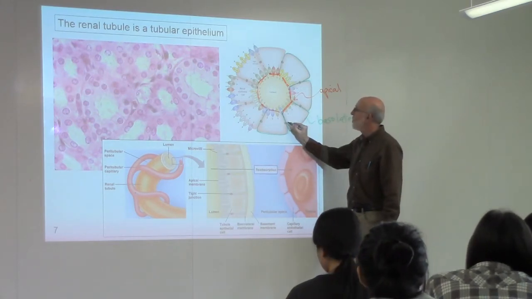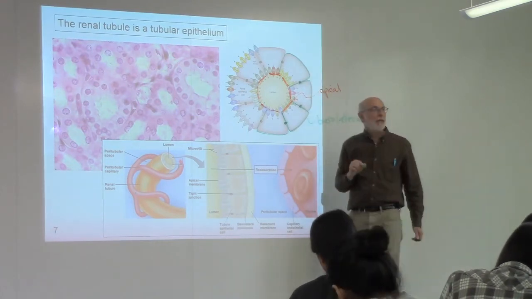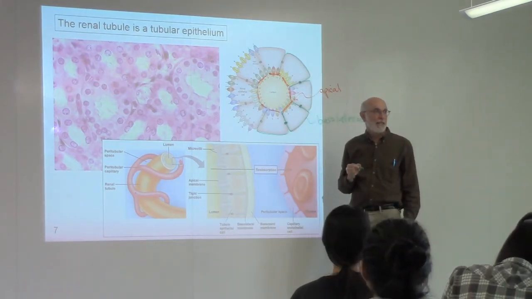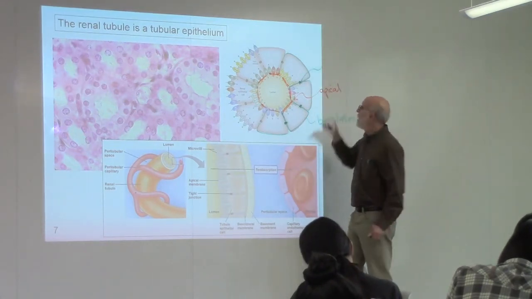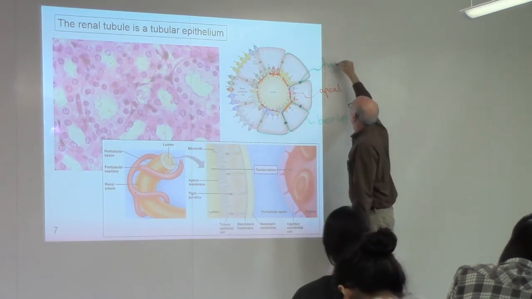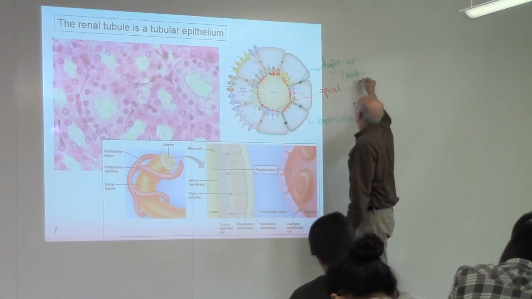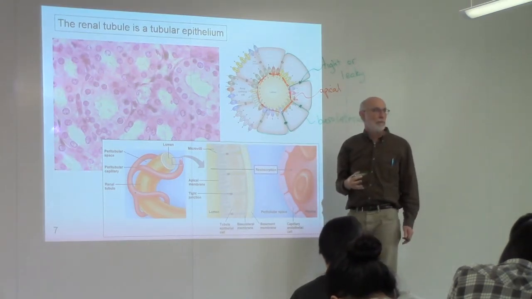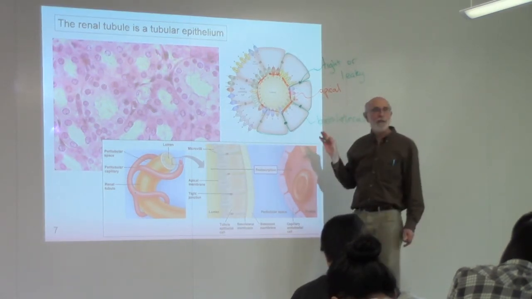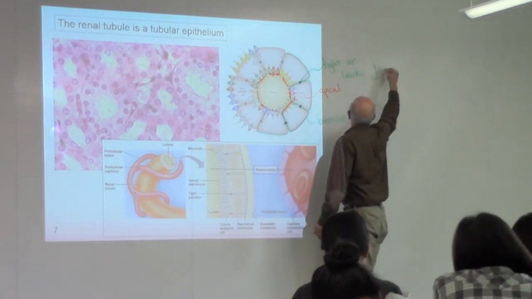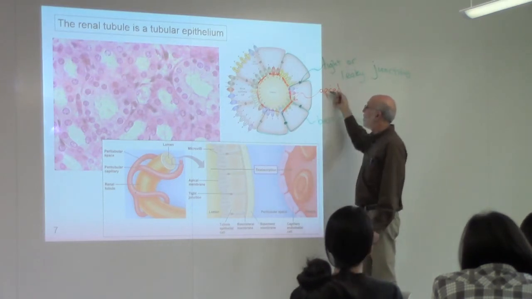The basolateral membranes have junctions that can be leaky or tight. So in some parts of the tubule, these are very tight. In others, they are leaky. Tight being impermeable to water, but also to sodium. So we won't focus too much on the junctions. But we need to know apical and basolateral.